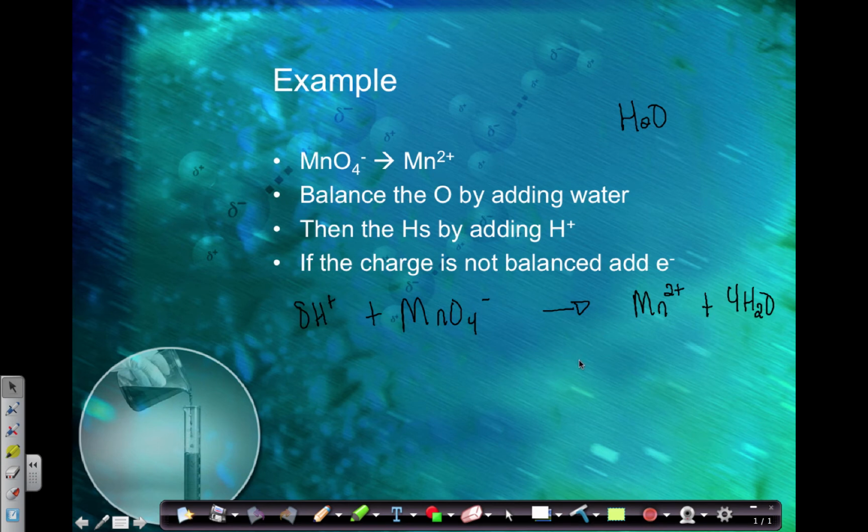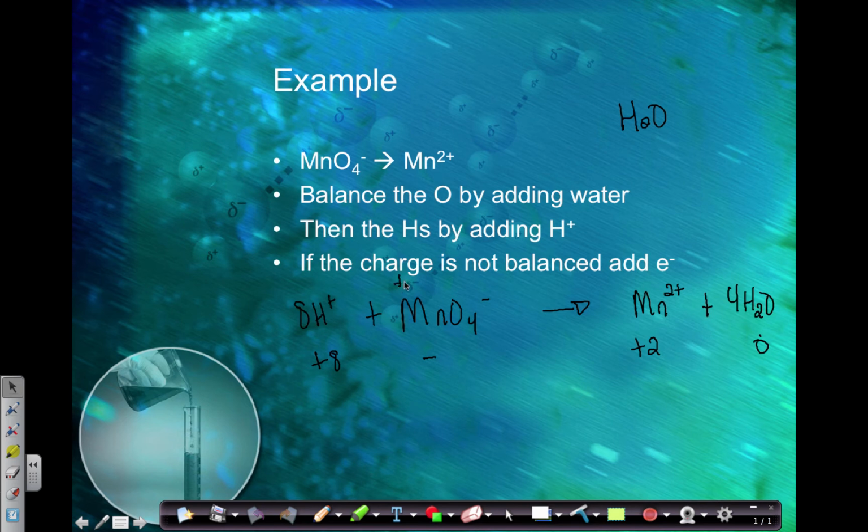So now I need to look at the charge. So I've got +8 here. I've got a -1 overall here. I've got a +2 here, and then I've got a 0 for this. Okay, so I've got a +2 and a +7. So I need to bring electrons into this equation to get the charges to balance.